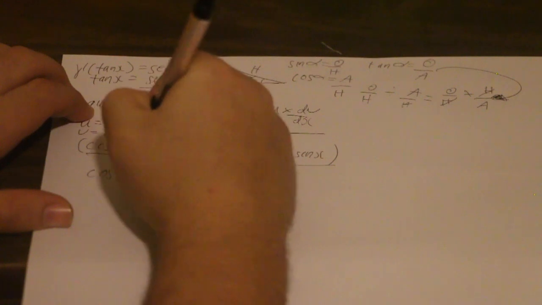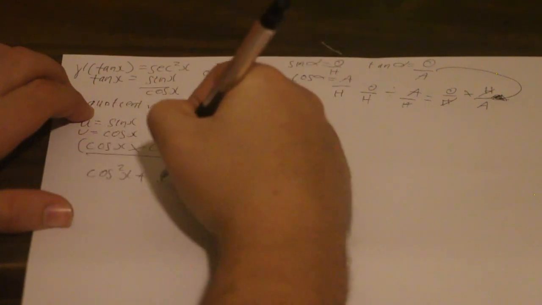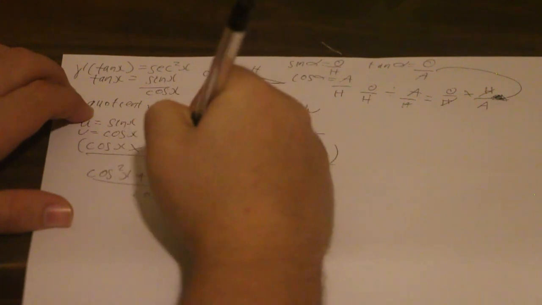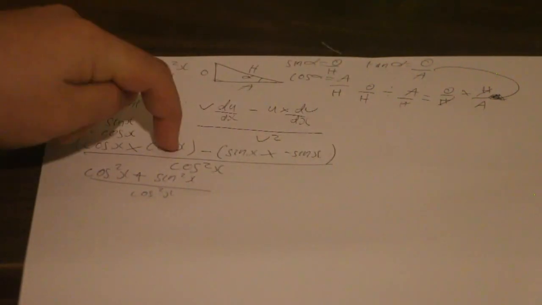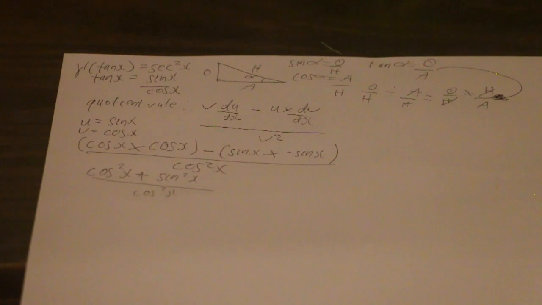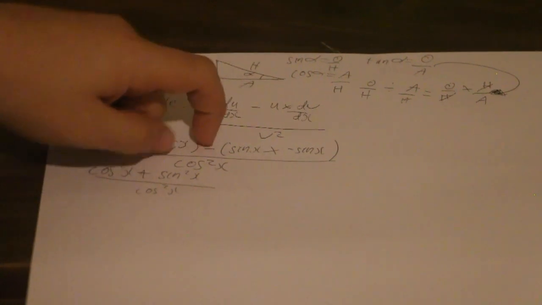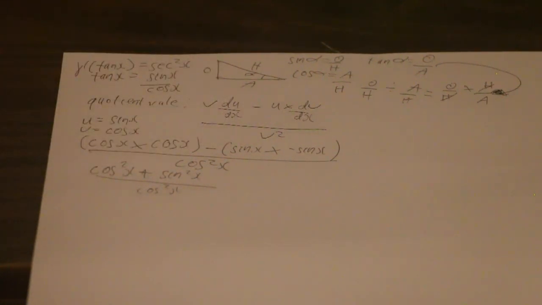So let's simplify. Cos squared x plus sine squared x over cos squared x. So basically, cos x times cos x is cos squared x. Sine x times minus sine x is minus sine squared x, times minus 1, which gives you positive sine squared x.